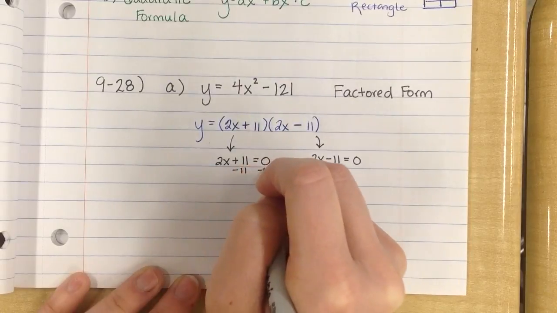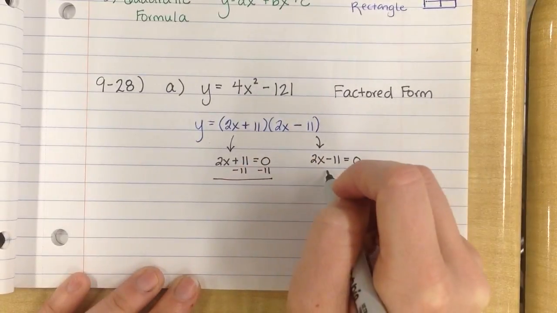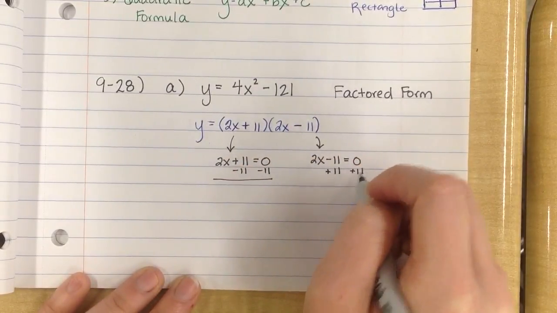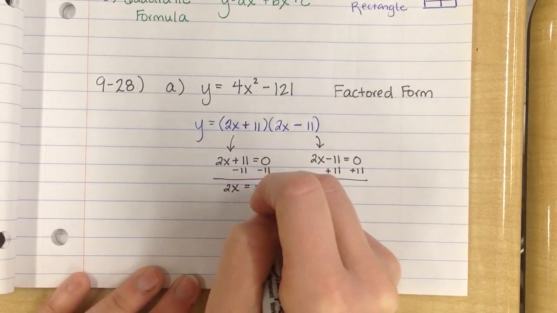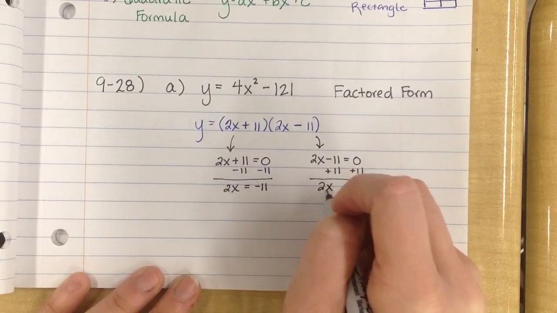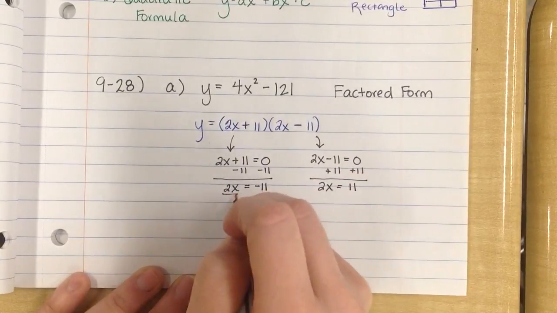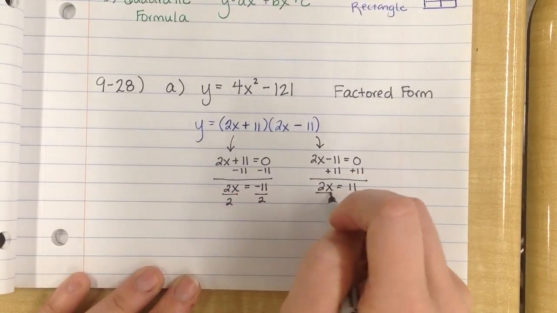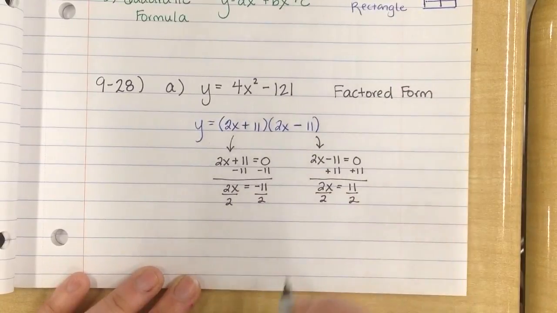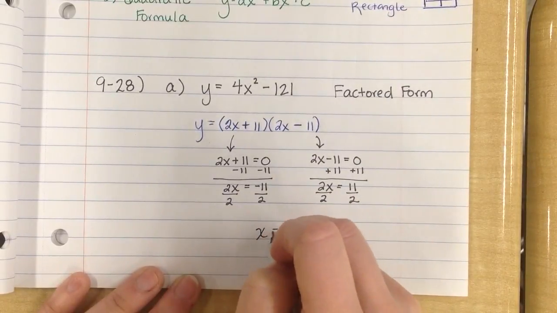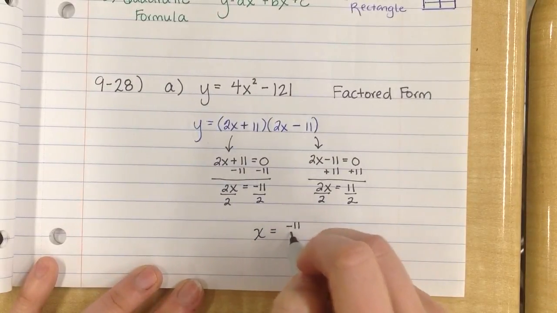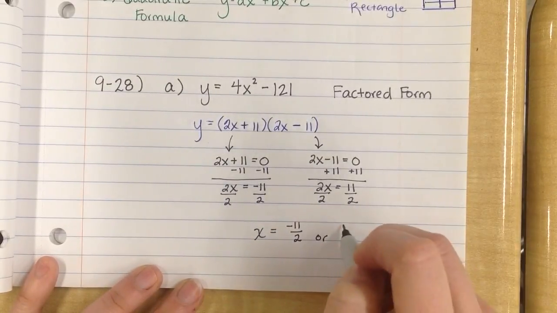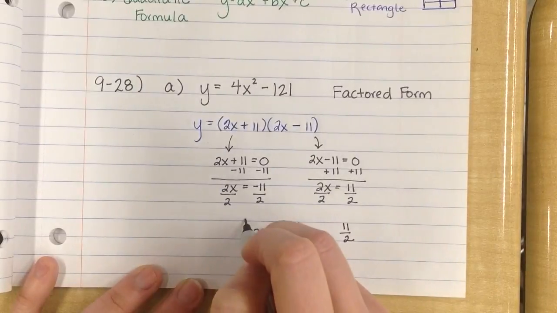We're going to get rid of the constant first in both situations, leaving us with 2x equals negative 11 and 2x equals positive 11. Divide by that coefficient of positive 2, and that's how we yield our two separate roots of negative 11 halves or positive 11 halves.